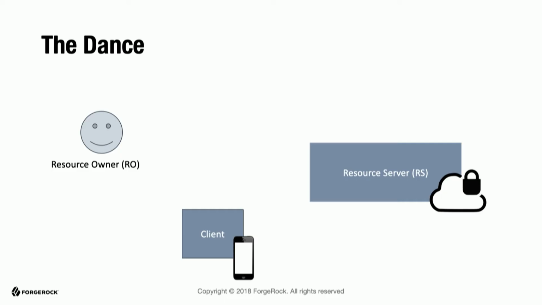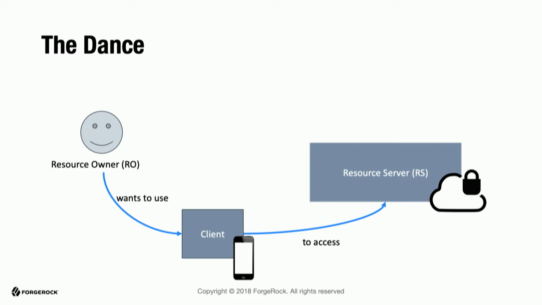For those of you who don't know OAuth 2, the basic idea is what we call the OAuth 2 dance. You've got this nice smiley happy resource owner, that's me, who wants to use some other client. It could be a mobile app, a website, or some service, to access some of my stuff which is on a resource server, an RS.